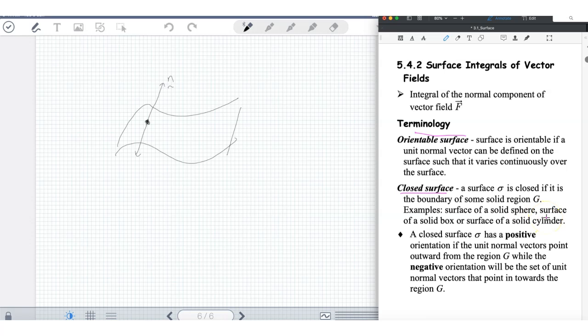We also have the surface of a solid ball or of a solid cylinder, just like what we looked at in chapter 3 from the multiple integrals, especially the triple integral. When we have a closed surface, we call that a solid.